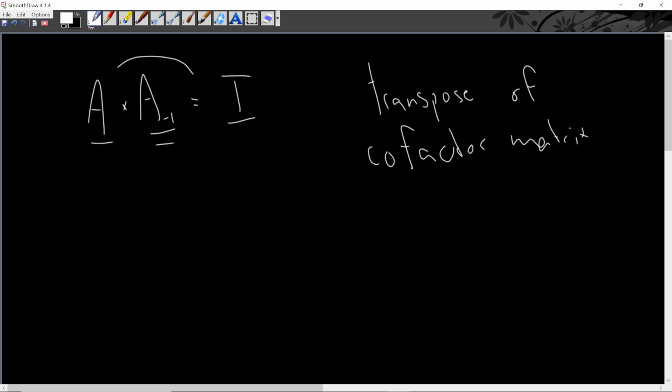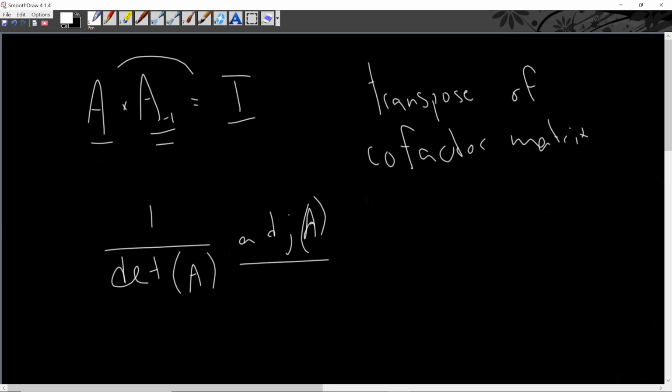So 1 over determinant A times adjugate A. That should not be uppercase A. Adjugate A. There we go. And adjugate is just determinant of the minor.